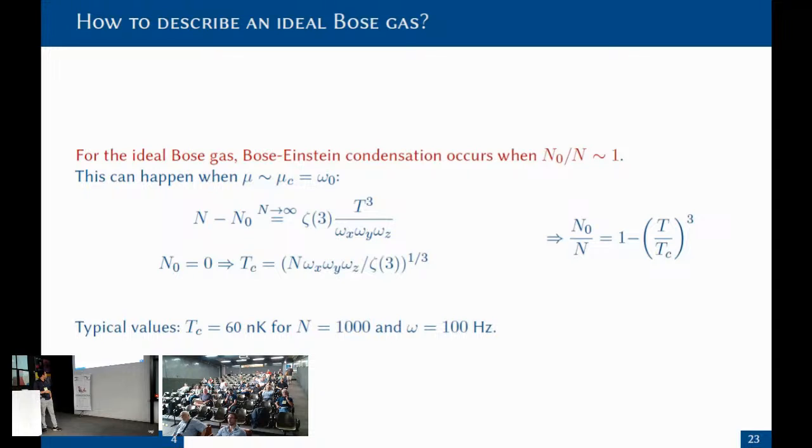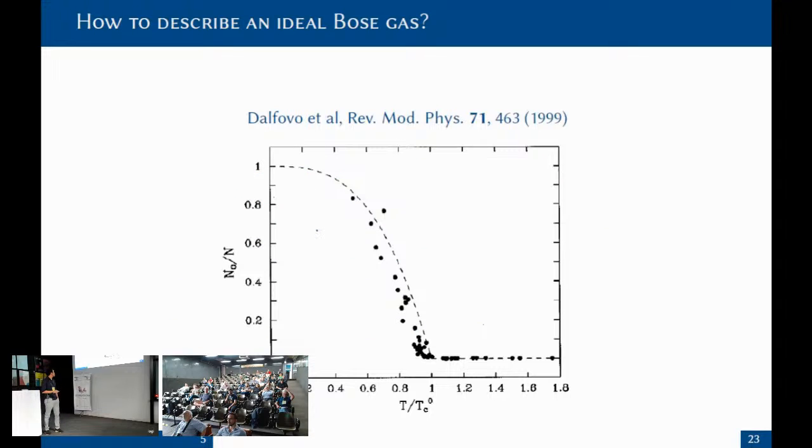Typical values, as Professor Fischer already started to talk about, for the critical temperature: 60 nanokelvins. So it's a very, very small temperature, and that's for 1,000 particles and a trapping frequency of 100 hertz. Yeah, I will come to that.